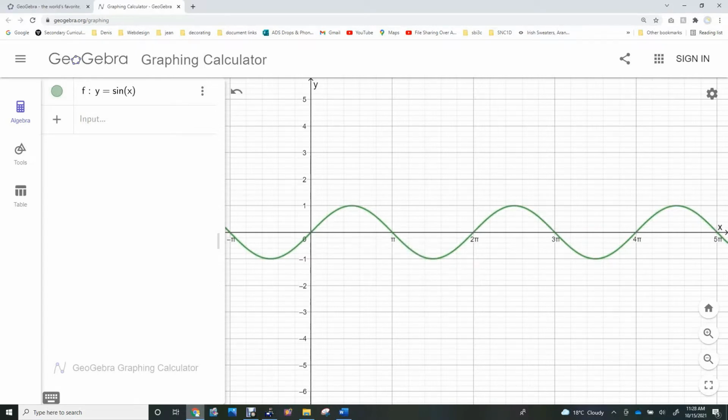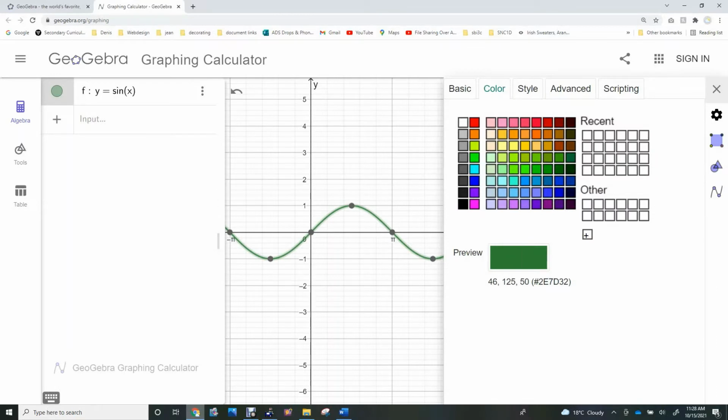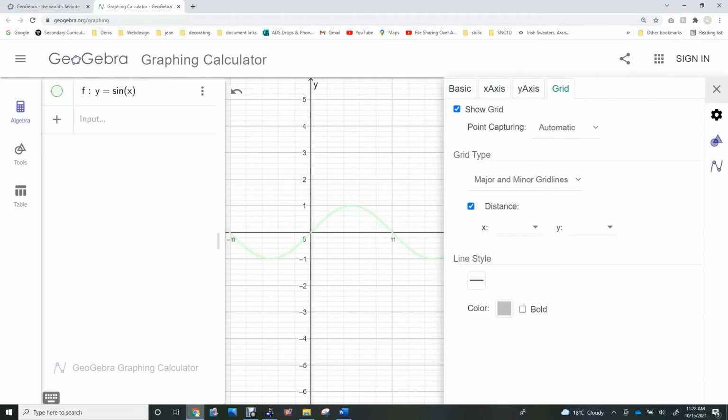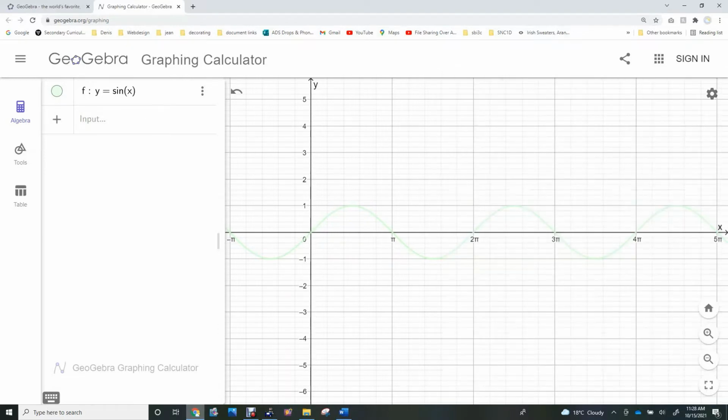From there, we want to make this a different color. So we're going to click on the graph, and we're going to go into color, and we can click on plus, and I'm going to make this just a pale green so that we can see it in the background. So that means now we're ready to begin.